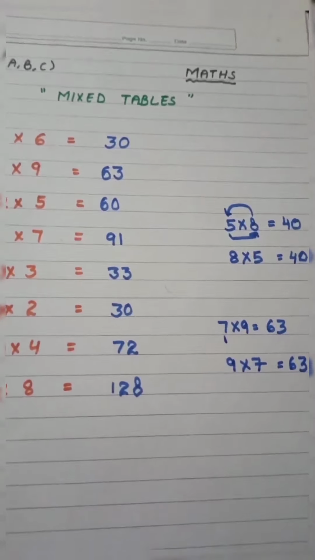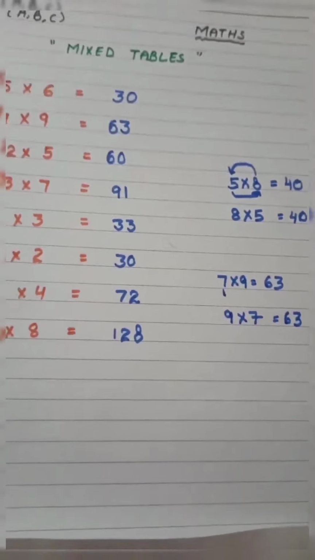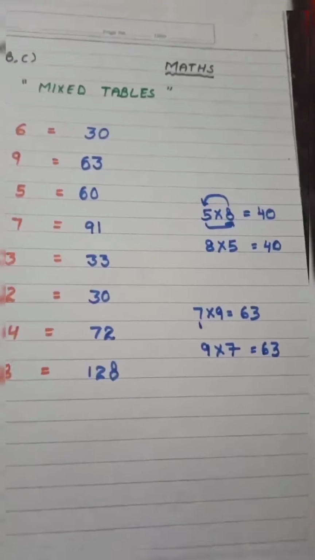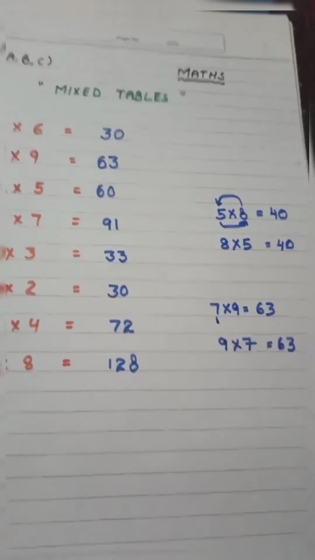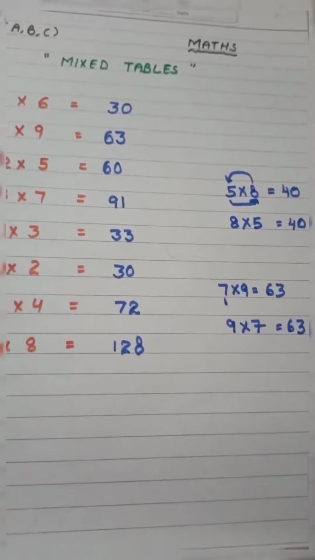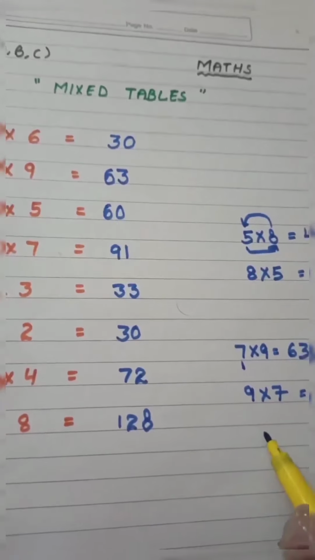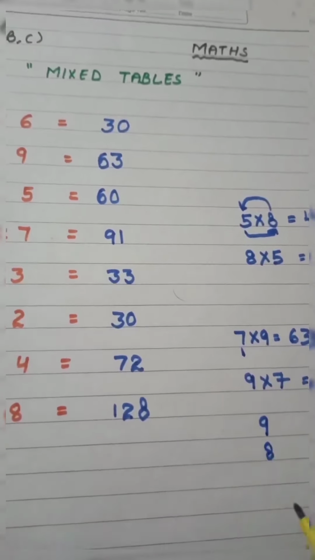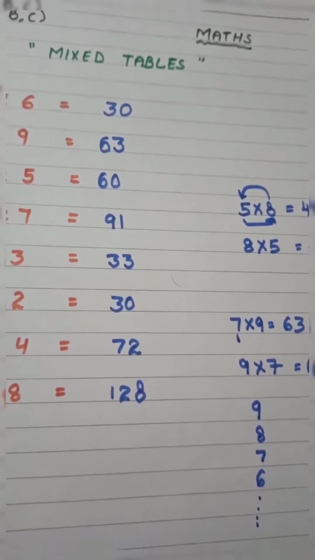9 7s are 63. And yes, one more thing I want to bring to your notice is that some of you used to learn the logic or the idea of writing the table of 9 like this, 9 8 7 6, this is how you used to write down the table of 9.